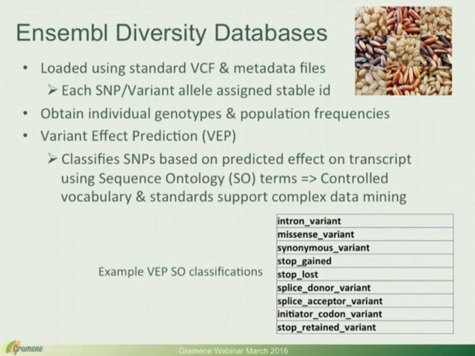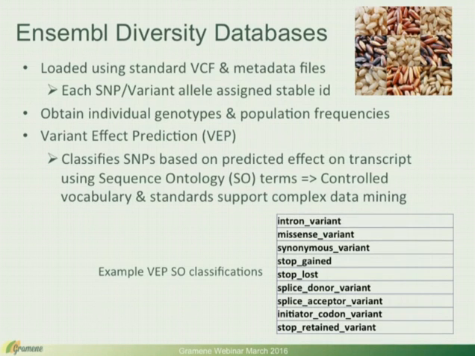Our databases are loaded using the two kinds of files that I mentioned, and each variant gets assigned a stable ID. You will be able to obtain individual genotypes as well as population frequencies for allele and genotype for all the data. And we use a variant effect prediction algorithm to classify SNPs based on the predicted functional effect on the transcript using sequence ontology terms.